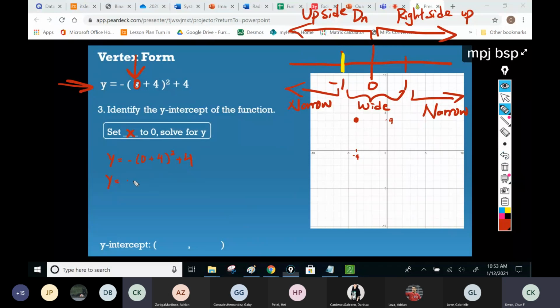So 0 plus 4 is 4, and then 4 squared is 16. And then negative 16 plus 4 is negative 12. So y equals negative 12 when x is 0.